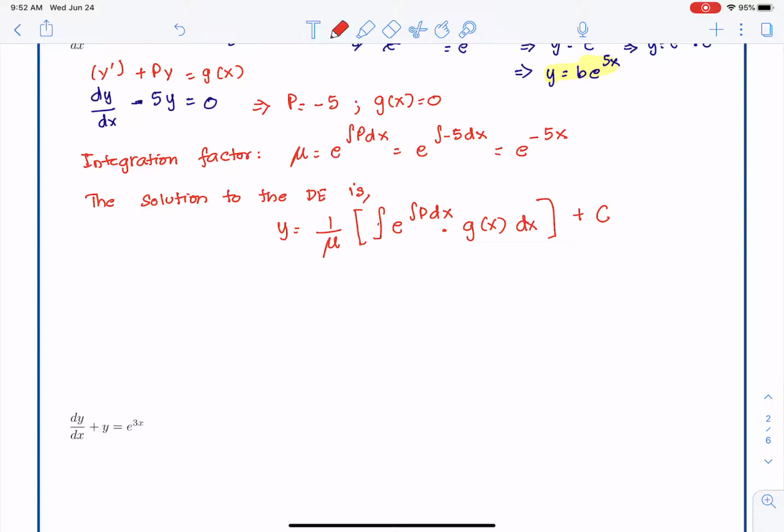So what we have here is y equals 1 over e raised -5x.